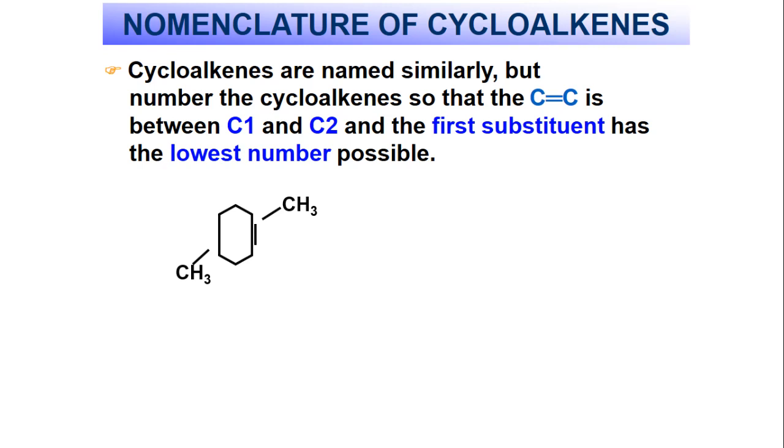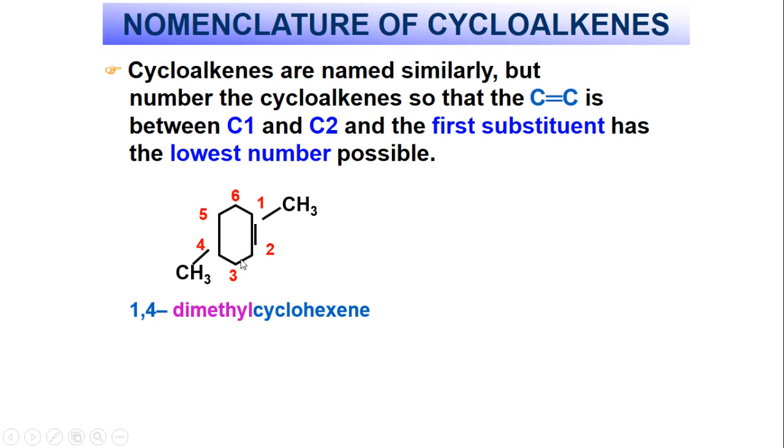Okay, so we have another example here. So how can you number? Like I've said, the numbering should be between what? Should be between 1 and 2. Okay. So in that case, you start 1 there, 2 there, 3 there, 4 there, 5 there, and 6 there. So that one will be 1,4. Remember, this methyl group is on carbon number 4 there.